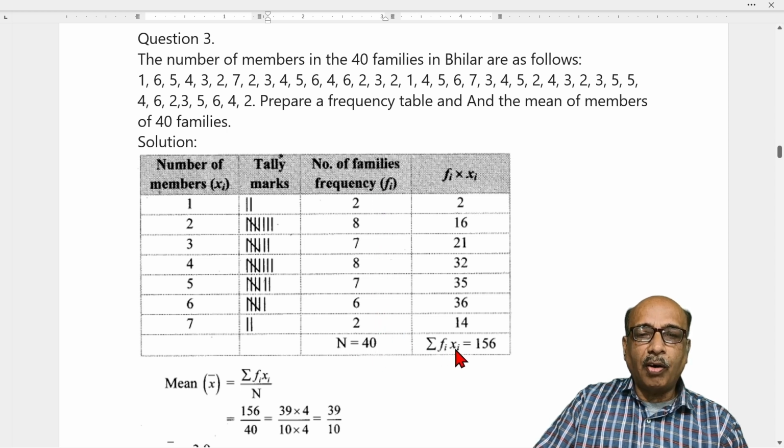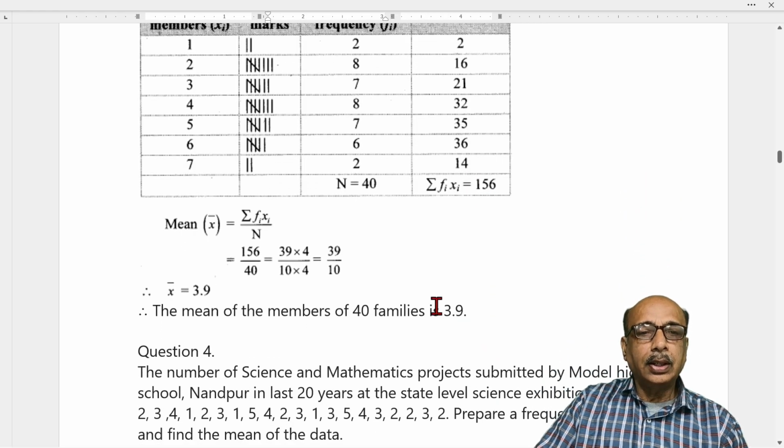And sum of fi xi, total of this column, is coming to 156. Mean X bar equals the sum of fi xi upon N, 156 upon 40. Simplify here, you will get 39 by 10. So mean equals 3.9. The mean of the members of 40 families is 3.9 members.